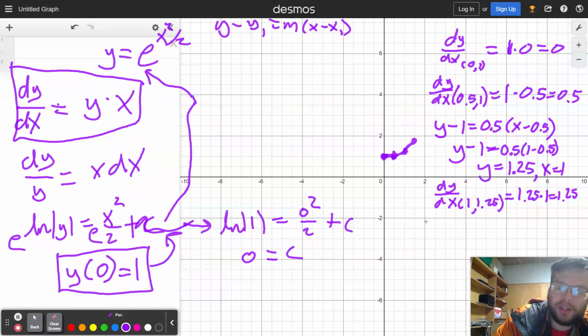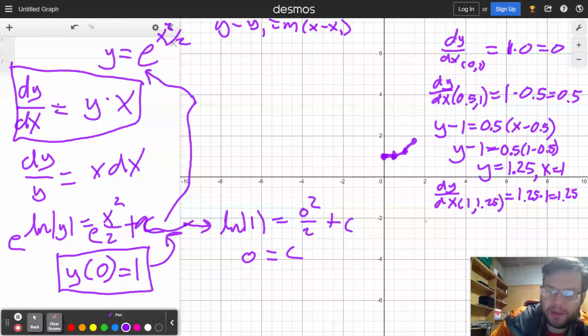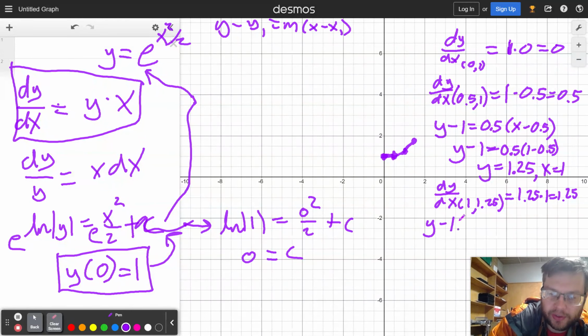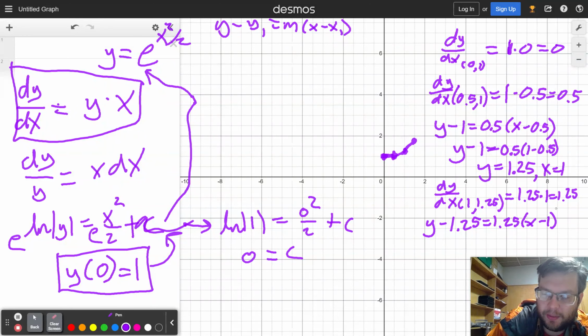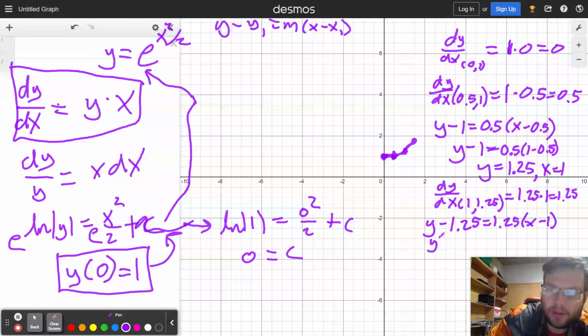So then I know that to find the value when x is 1.5, I'm going to create another tangent line. So my tangent line is y minus 1.25 equals the slope times x minus 1. And I can plug in the next point I care about, which is x equals 1.5. So y minus 1.25 equals 1.25 times 1.5 minus 1.